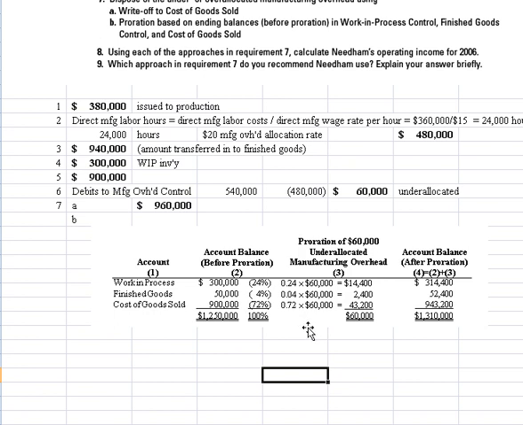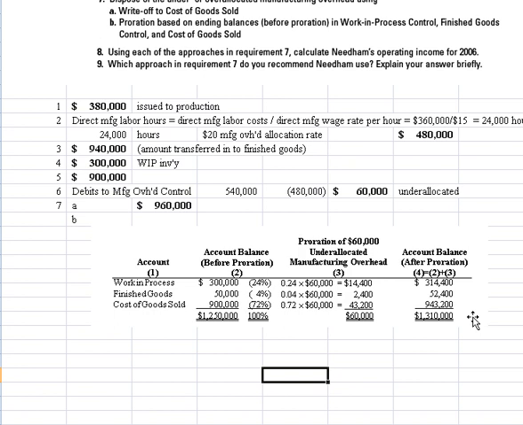So we take 60,000 times the 24% that represents work in process, 60,000 times the 4% that represents finished goods, and 60,000 times the 72% that makes up cost of goods sold. Multiply it across, and we come up with the allocation, or the proration, of the 60,000 underallocated to those various accounts. We would make the journal entry, and then the accounts would appear to the left of my mouse as you see there after doing the allocation.